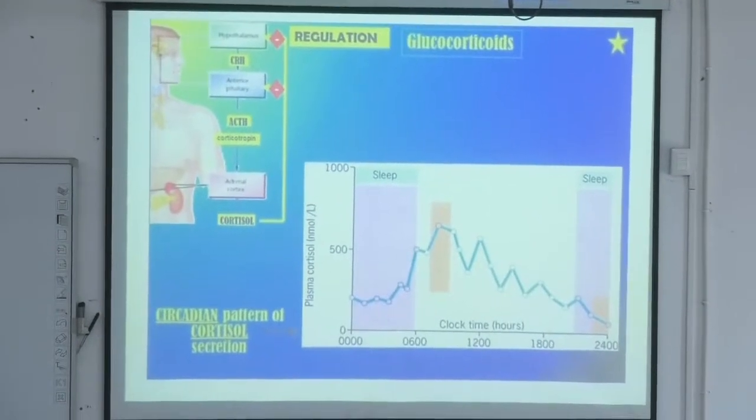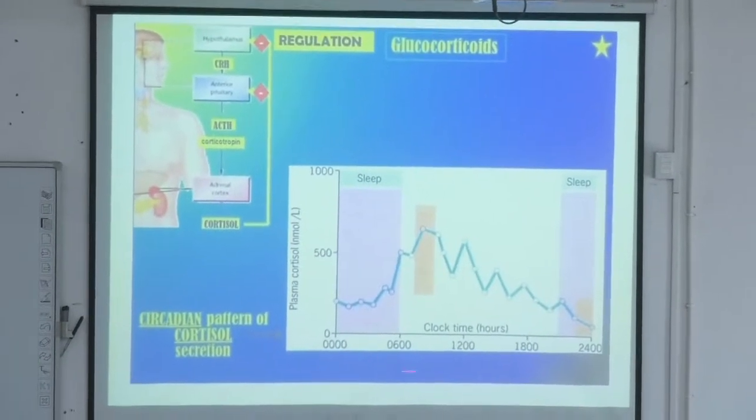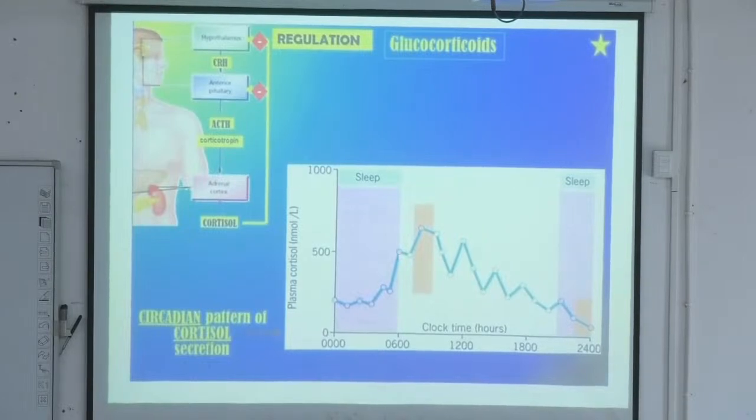As you are approaching the time to wake up in the morning, the cortisol level gradually goes up. Finally, at 8 a.m., which is not shown here, if you come down a little after 6 to 8, at 8 a.m.